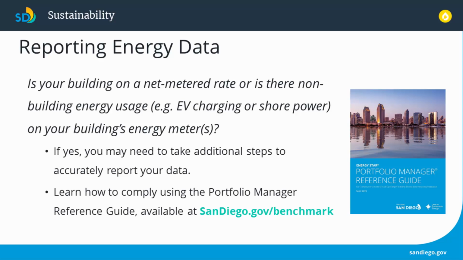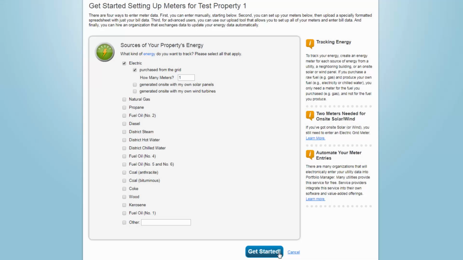Please refer to the Portfolio Manager Reference Guide for additional details on tracking on-site solar generation and discounting non-building energy use. Download it at sandiego.gov/benchmark. For our test property, we will continue with our one electric meter.